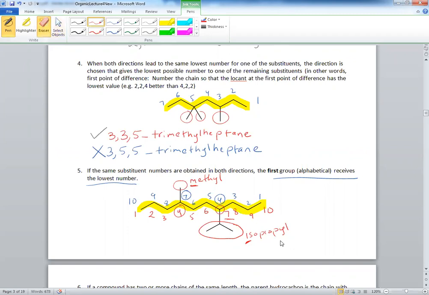Here we go. Let's delete then the numbering on the bottom right here.